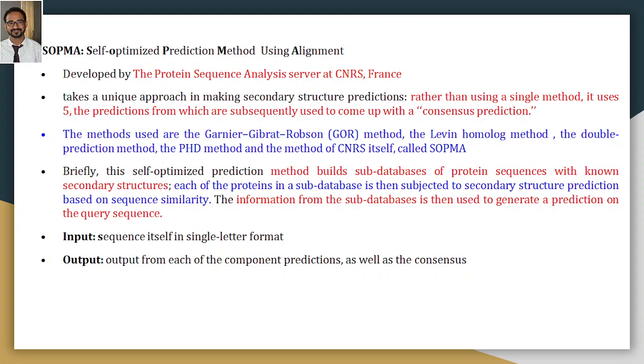Now the methods used are the GOR method, that is the Garnier-Gibrat-Robson method, the Levin homolog method, the double prediction method, the PHD method, and the method of CNRS itself, called SOPMA. All these 5 methods are used to predict, and finally the consensus is taken.